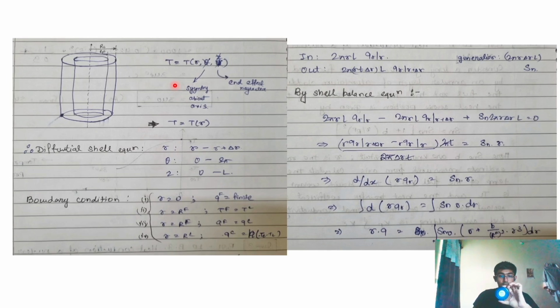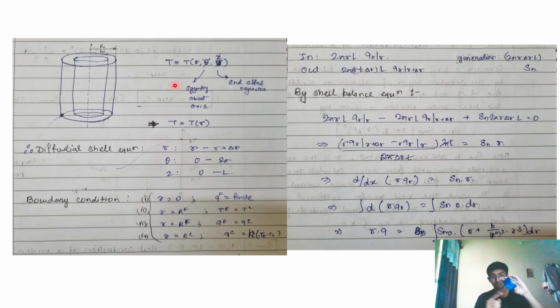For the cylindrical system and differential cell energy balance, around the theta there is no flux change actually happening. By simplification, if we cut this and make a flat sheet, how much is going in through this thickness will come out the same.